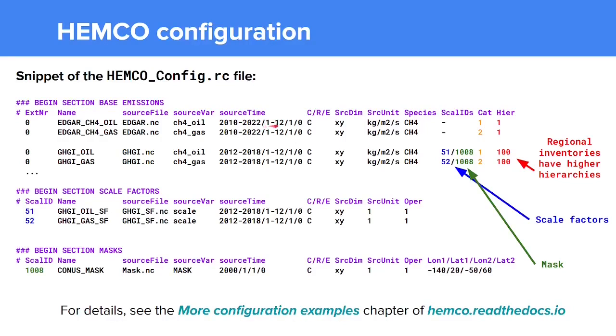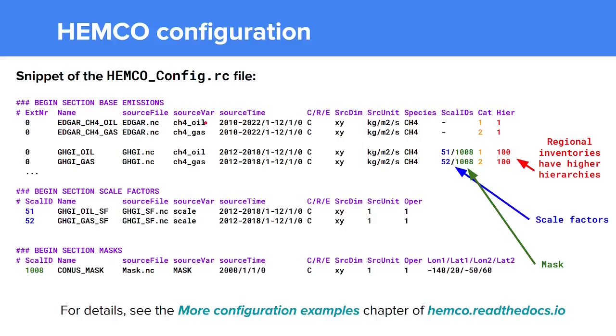That there are months from 1 to 12, and the data is monthly mean, so you're going to read the data within this time period on the first day of the month at 0 UTC, and that you're going to cycle the data, which means that if you're outside of this time period, you're going to use the closest year. So if you're in 2023, you'll use 2022.